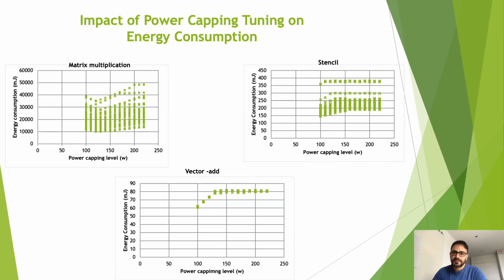In the next 3 slides, we see the impact of power capping tuning on energy consumption, energy efficiency, and performance. As we can see, the power capping level can influence our objective function, and the pattern of the relationship between the power capping level and our objective function value also depends on the benchmark.